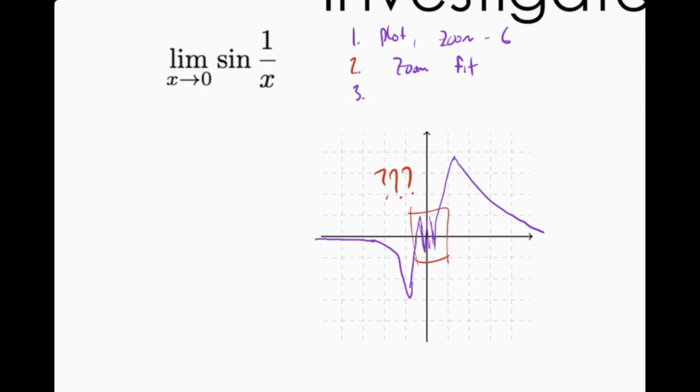Let's zoom in. Let's change the window so that the x limit is between negative 0.1 and 0.1. So I'm going to go window, and I'm going to change x min to minus 0.1. I'm going to change my x max to 0.1. I'm going to regraph it.